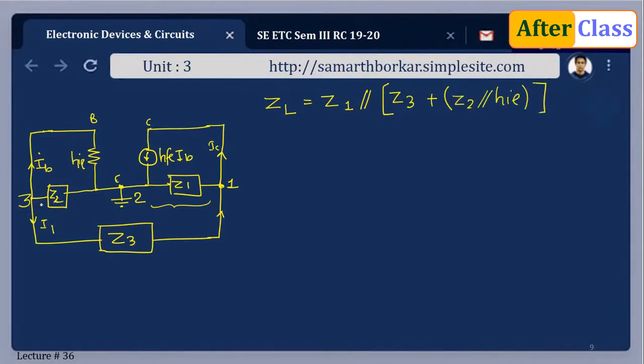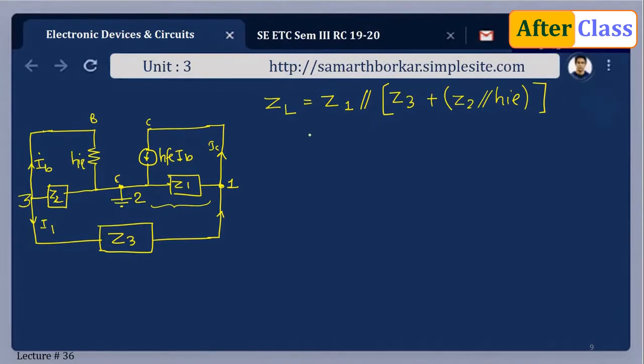I hope this is clear. Z2 and HIE are in parallel. They are going to have an equivalent value which is in series with Z3. So when I calculate, I am going to get some value which is in parallel with Z1. And now our task is to find the load impedance across 1 and 2. So this is clear, I guess.